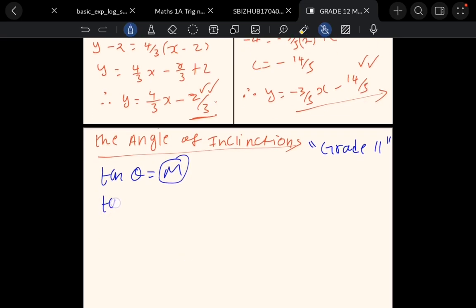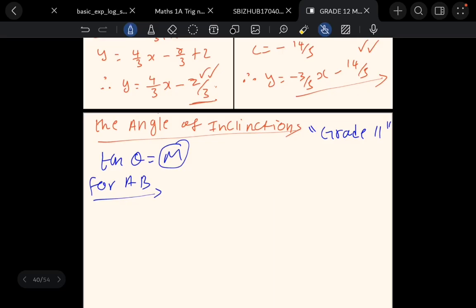Let us find the angle of inclination for AB. To find the angle of inclination for AB, tan theta is equal to 4 over 3.